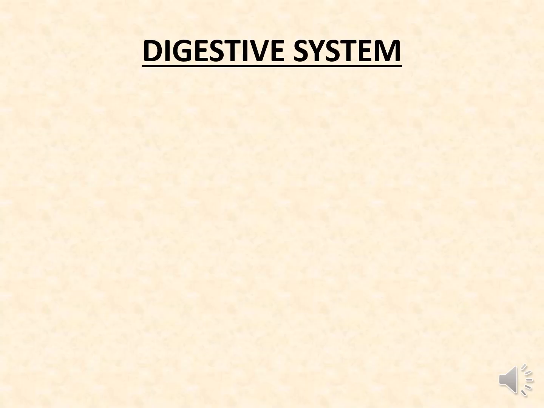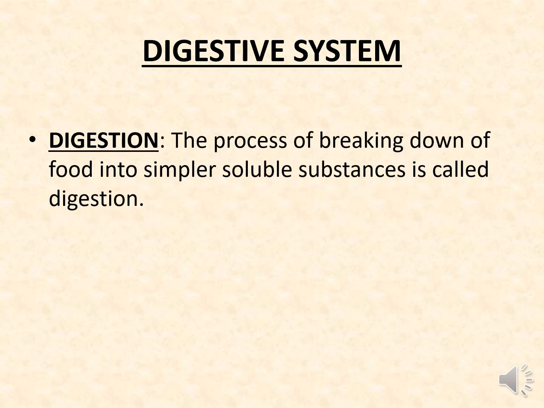Digestive system. What is the digestive system and where is it present? We need to understand it first. Digestion. The process of breaking down of food into simpler soluble substances is called digestion. Whenever we eat food, it is in larger pieces.